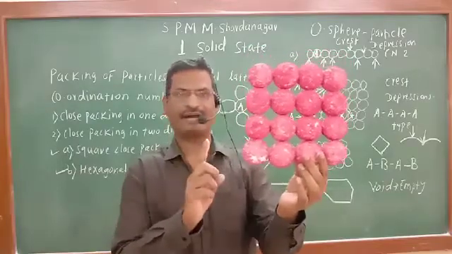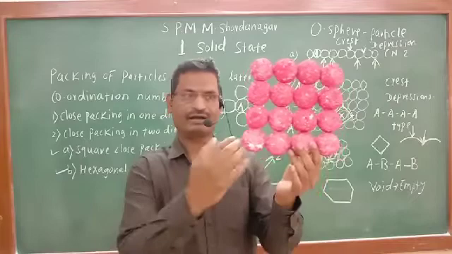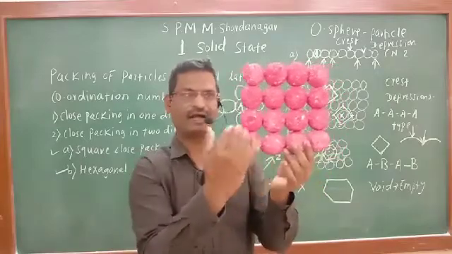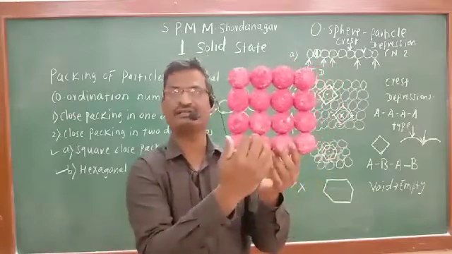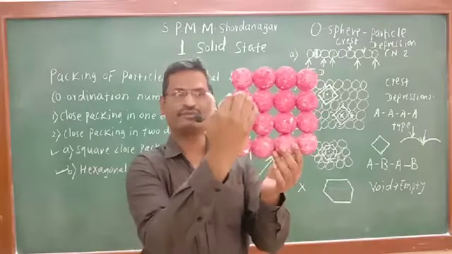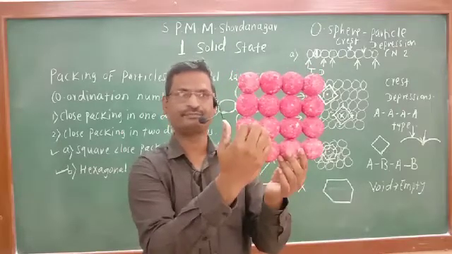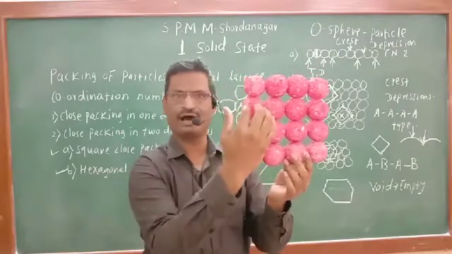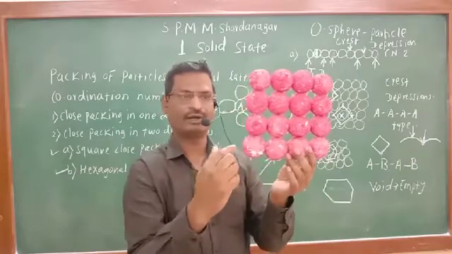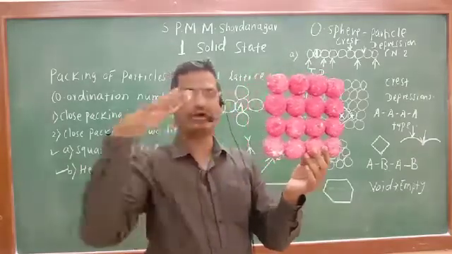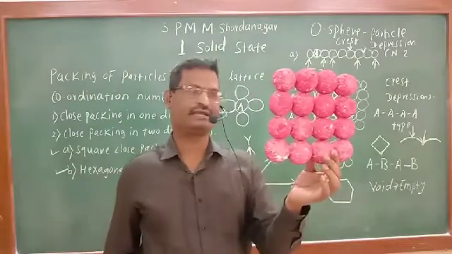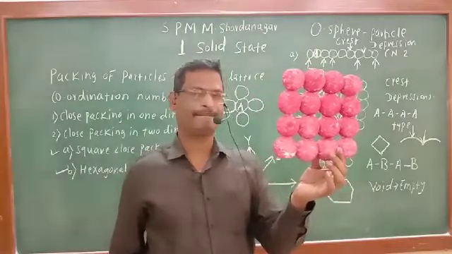A type of arrangement, because crests of this layer and crests of the second layer are touching each other. Crests of the third and second are touching each other. Crests of the fourth and third are touching each other. Therefore, all are the same. This is known as A type of arrangement.